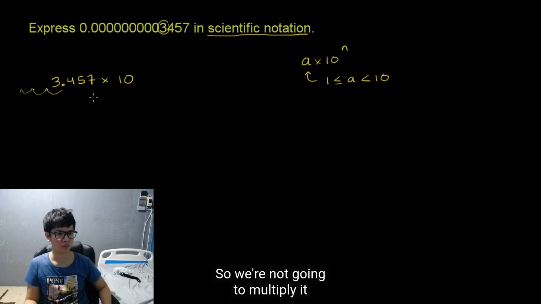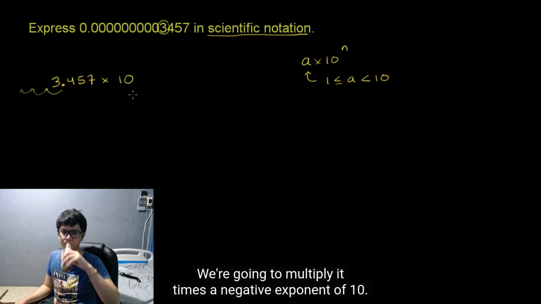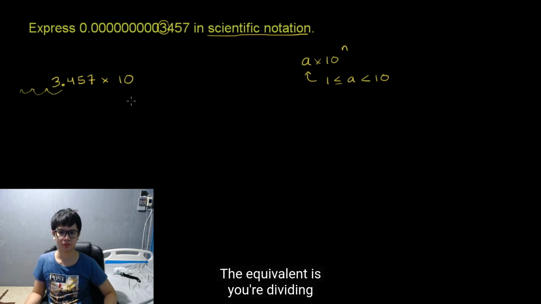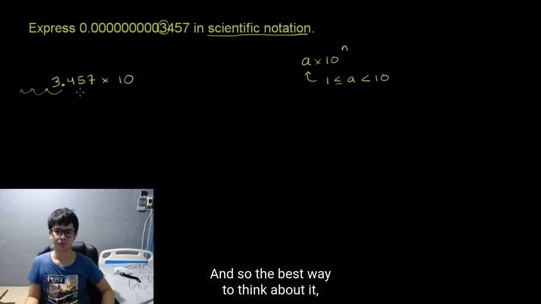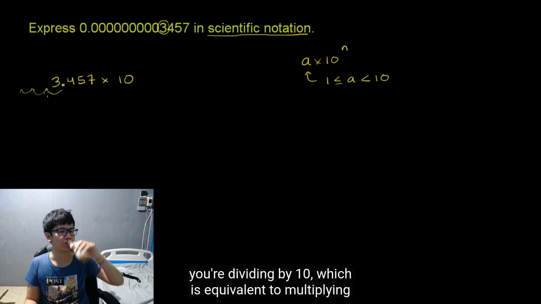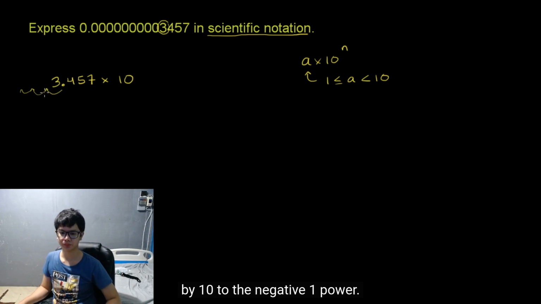So we're not going to multiply it by a positive exponent of 10. We're going to multiply it times a negative exponent of 10, which is equivalent to dividing by a positive exponent of 10. When you move the decimal 1 to the left, you're dividing by 10, which is equivalent to multiplying by 10 to the negative 1 power.